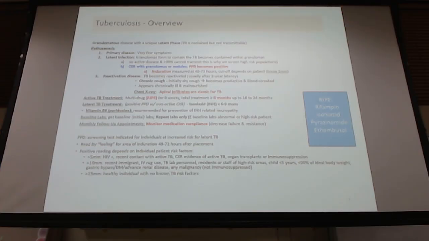That's why these patients, in addition to the chronic cough, which is the primary phenotype of TB, also become chronically ill and malnourished. So they're going to have constitutional symptoms for tuberculosis, right? Fevers, chills, night sweats, weight loss, anorexia.